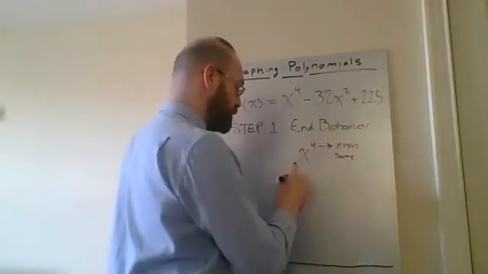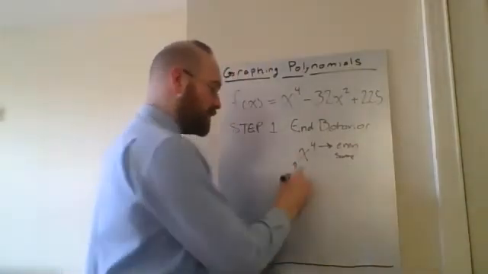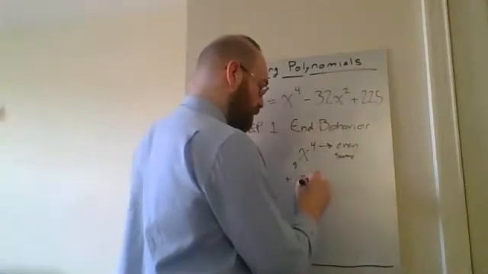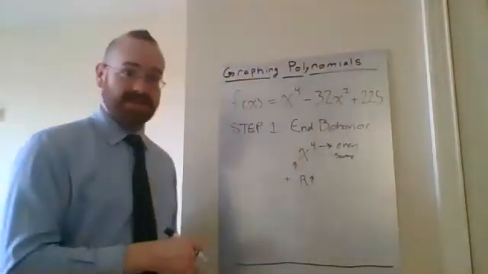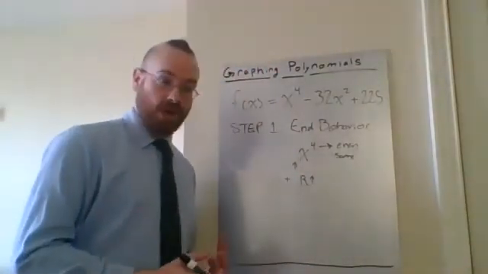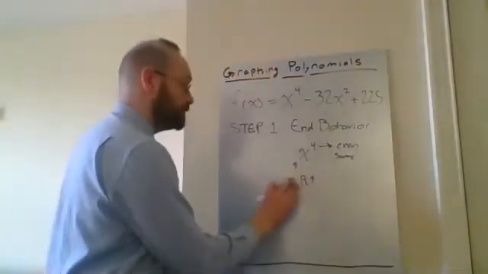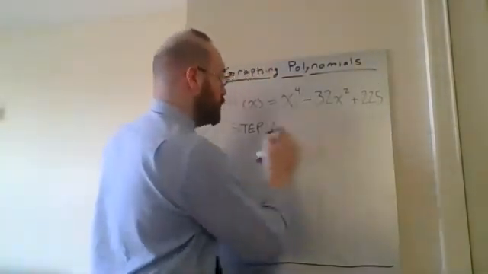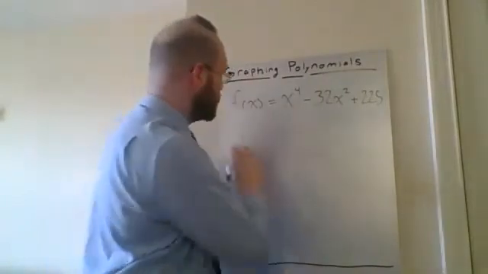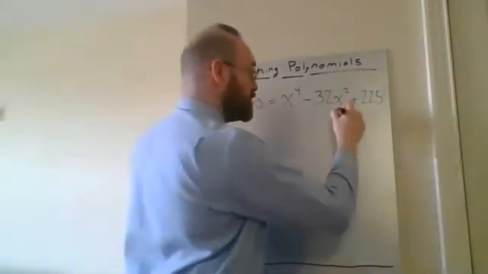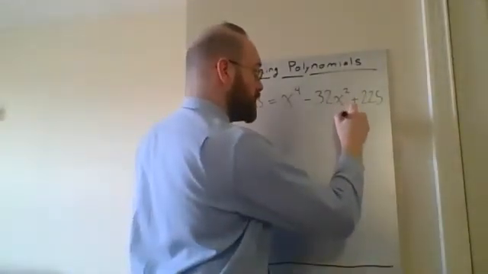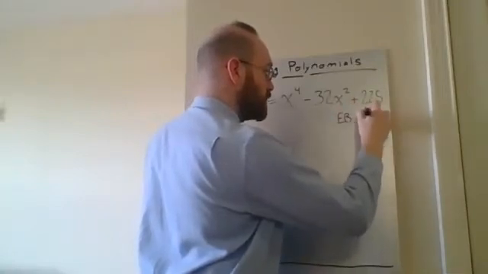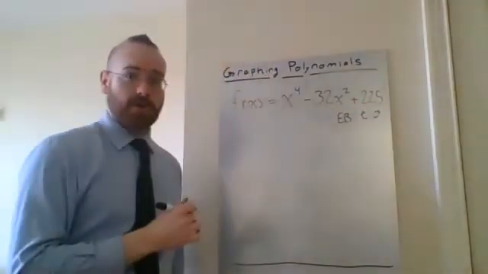And since we have a positive coefficient, the right side is going to go up, which means naturally the left side is also going to go up. Over here, I'm going to make a quick note: end behavior, both sides go up.